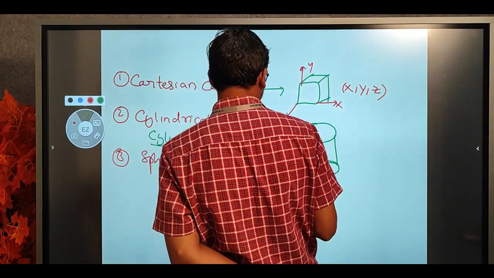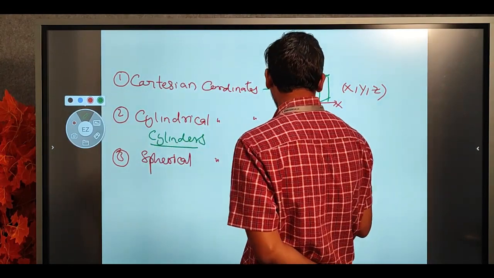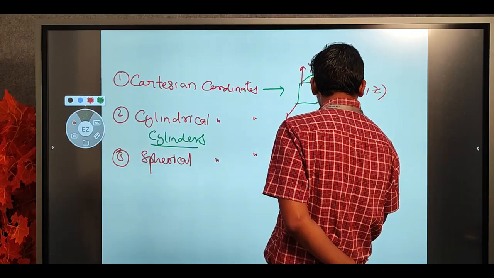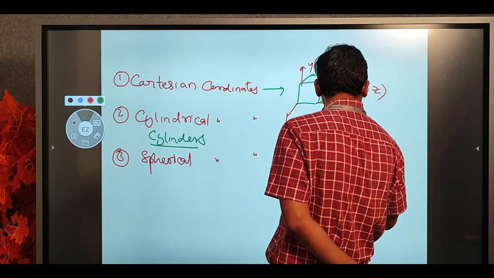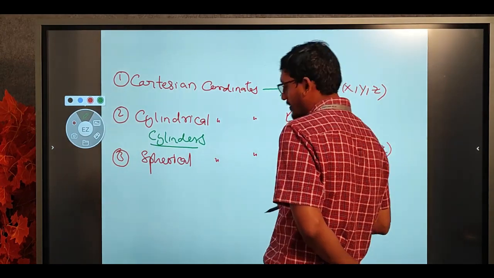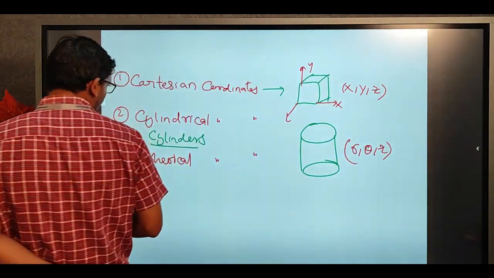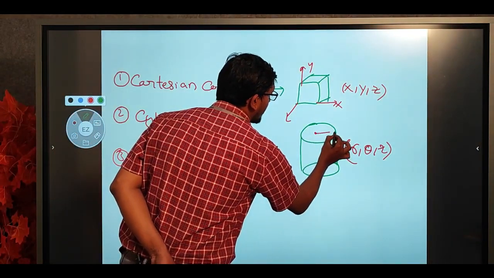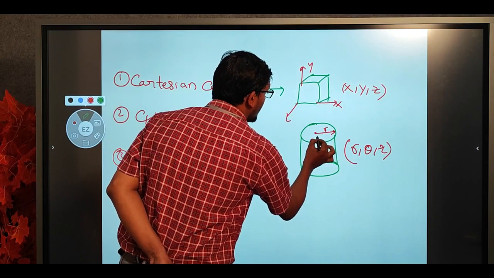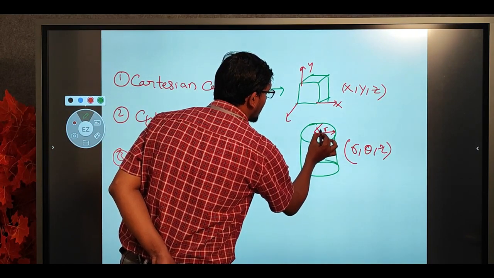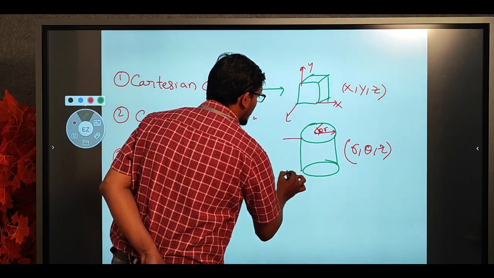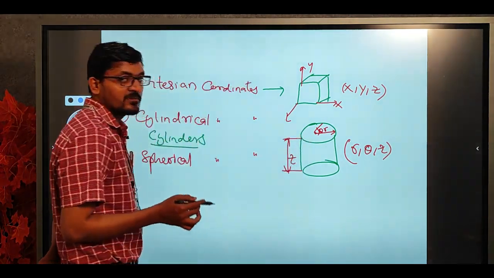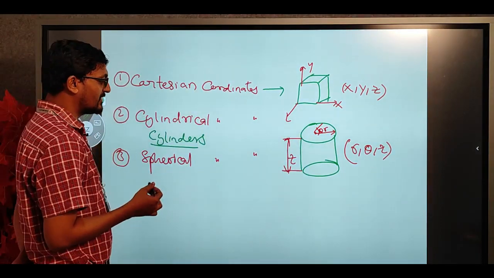Whereas in cylindrical the coordinates are r, theta, z. From here to here there will be the radius. To complete one revolution we need some angle, that is theta, and the height will be z, right? These are the three coordinates in cylindrical.